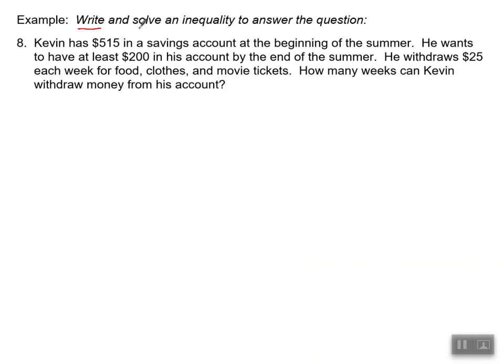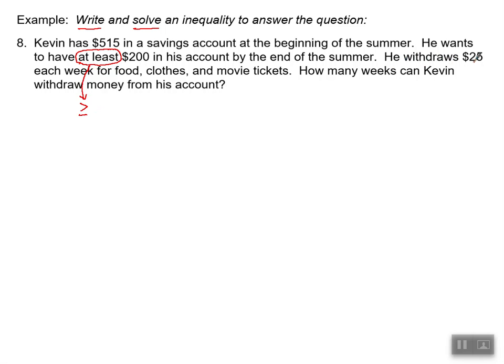Let's write and solve an inequality to answer this question. Kevin has $515 in a savings account at the beginning of the summer. He wants to have at least, that's going to be important, $200 in his account by the end of the summer. Remember that at least means greater than or equal to.